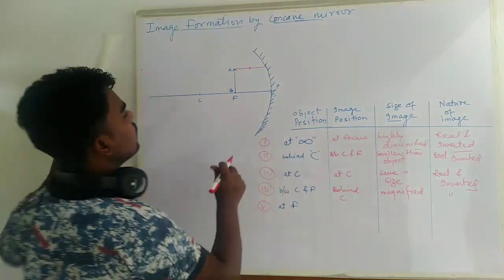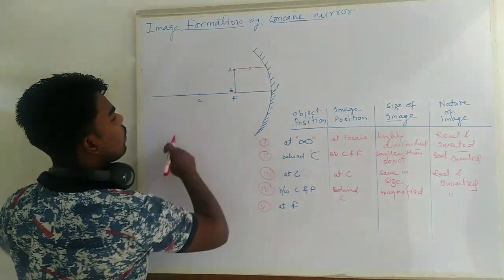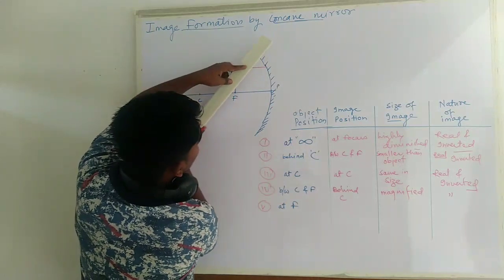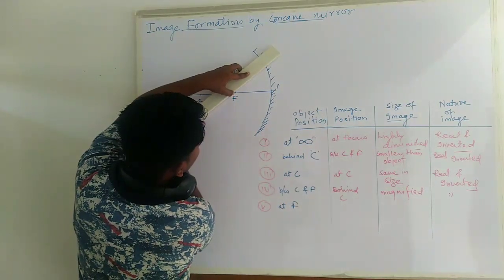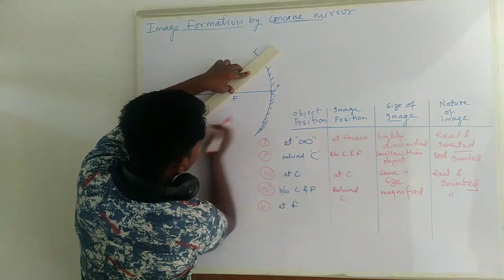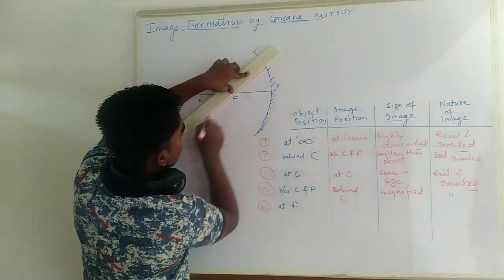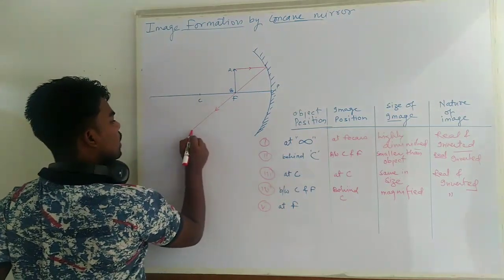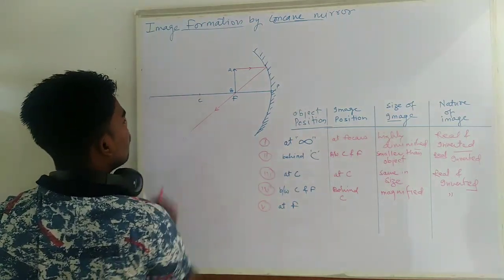After reflection, this parallel light ray is going to pass through the focus. Okay, this is how it is going to pass.